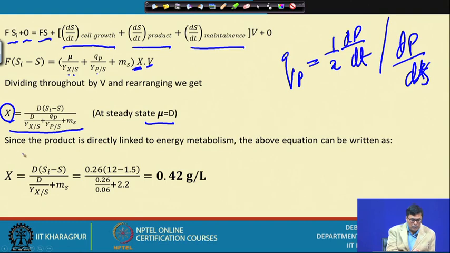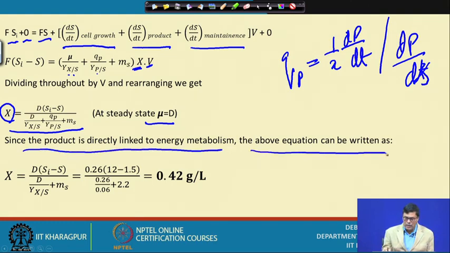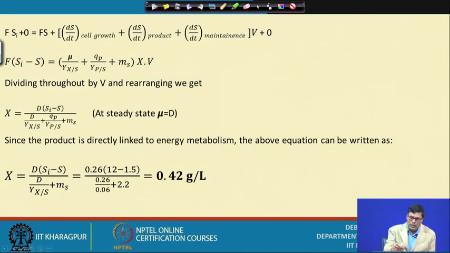Since the product is directly linked with energy metabolism, we can assume that there is no product formation here, and that the substrate mostly goes for cell mass formation. Then the equation will be like this, and we can find out the final cell mass concentration.